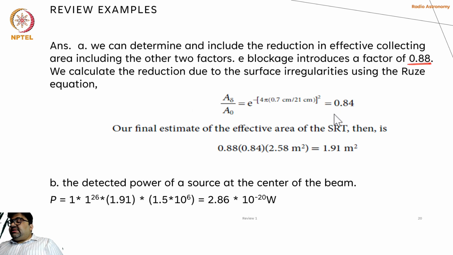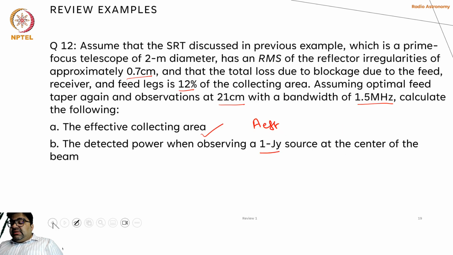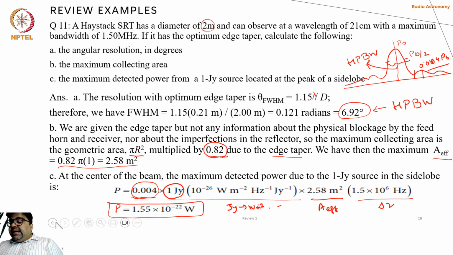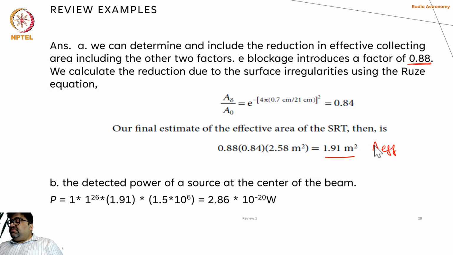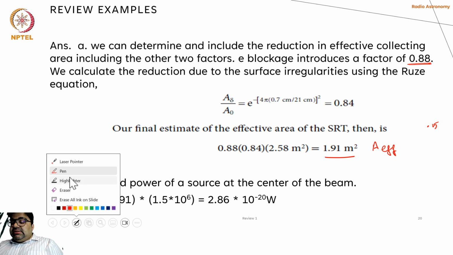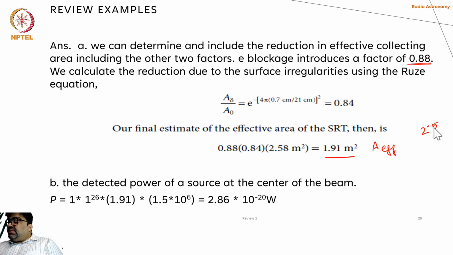If you go by the expression, you calculate the further reduction, and the effective area reduces to 1.91. Remember, in the previous example it was 2.58 with just the tapering, where there was no reduction of 12%.